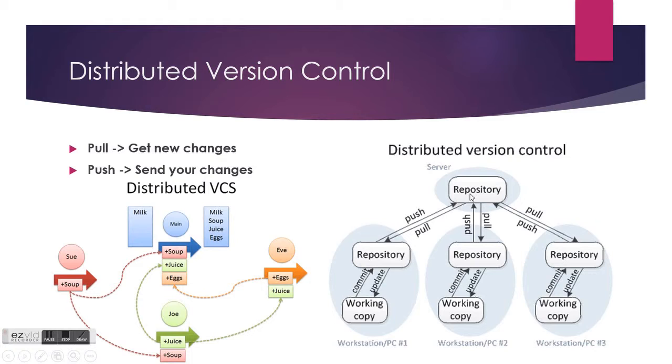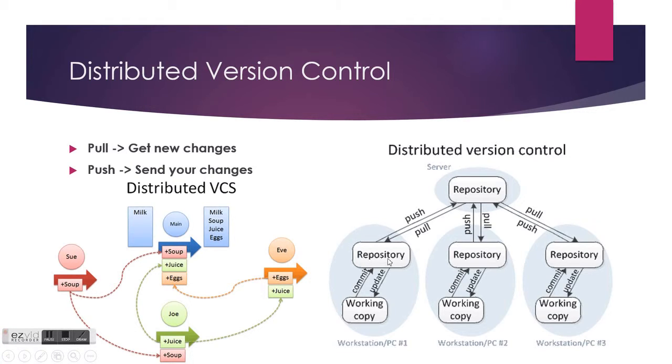So in a distributed version control, there's not one repository, but each user has their own copy of the whole repository. So when I want to modify the repository, first I have to pull the repository from a central repository from which everyone has to share information with.